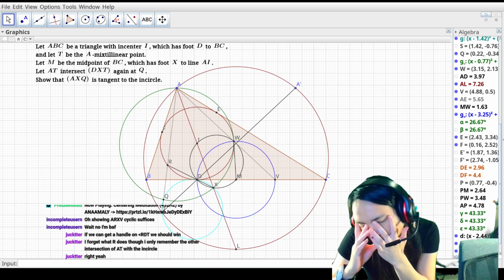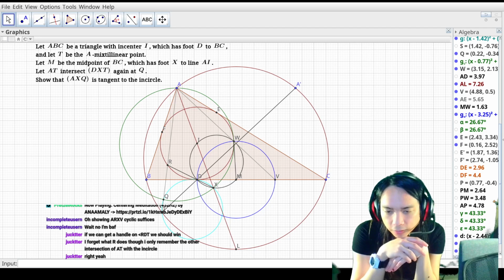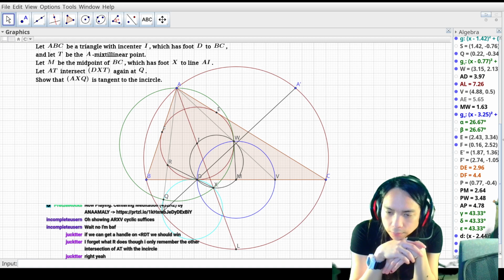I think the right definition of Q is you should redefine Q as AT intersect the green circle, so that your XQ equals XW and so on. And then you want to show that the cyan circle is cyclic. That's probably how we want to think of it.